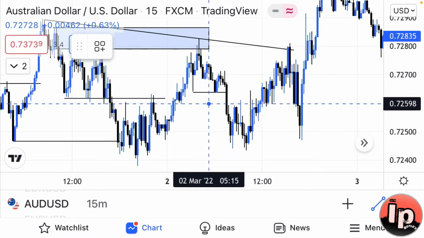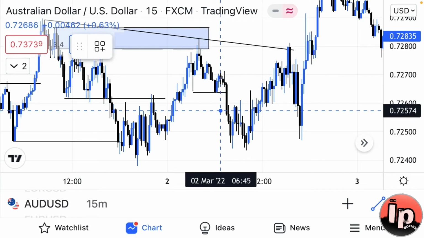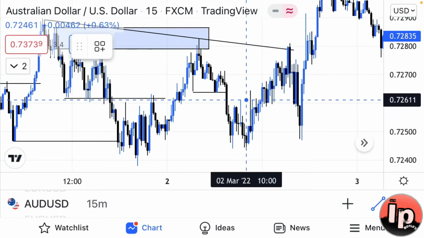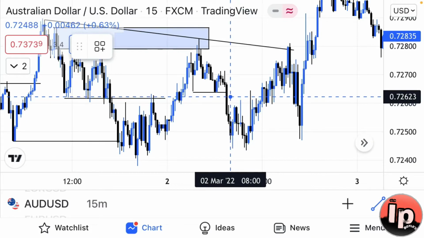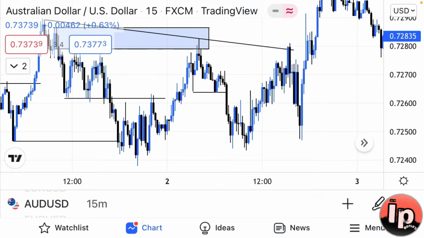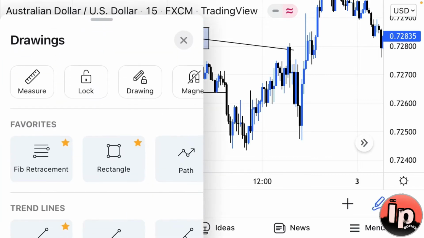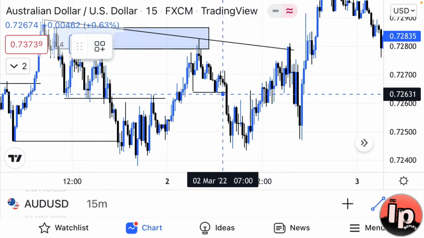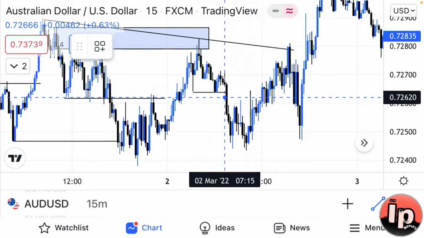Then we had a break of structure here. After our break of structure, there were many things you need to consider before trading: your order block and your liquidity zone. We don't like to enter like retail traders, who maybe like to enter at this zone, calling it support becoming resistance, or an SR flip.